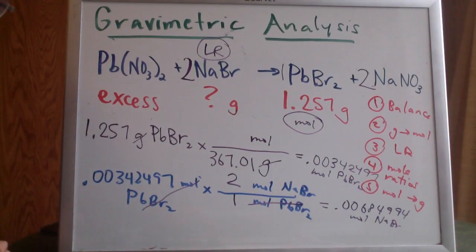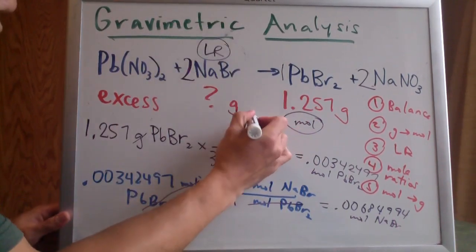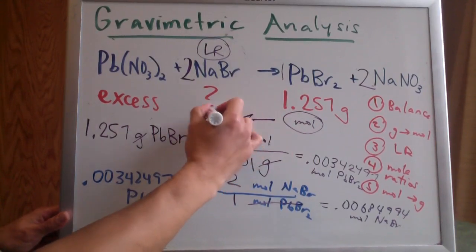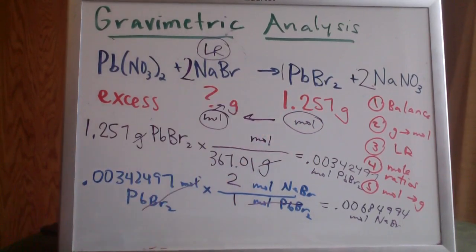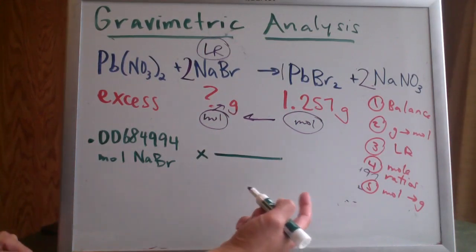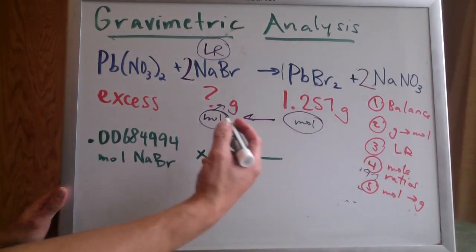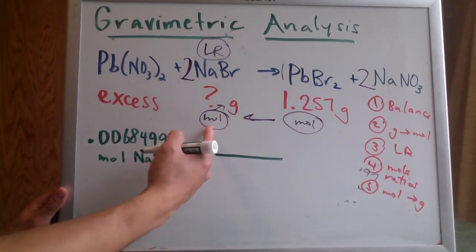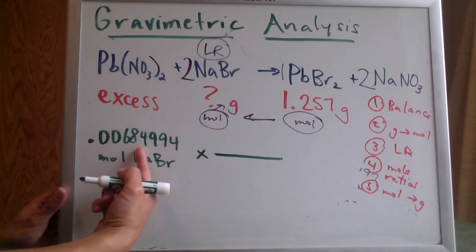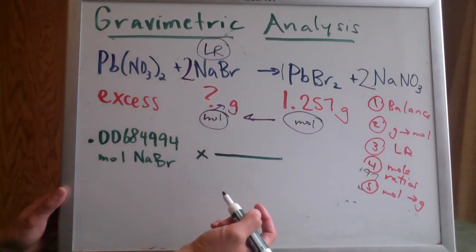All right, so we have that there. Now we're going to follow the last step, because now we have the moles of NaBr, which we went to over here. The last thing is we want to find the grams. I transcribed the moles of NaBr we just solved for, and so the last step, step 5, is to convert from moles to grams. This is 0.00684994 moles of NaBr, and we're going to solve for grams.